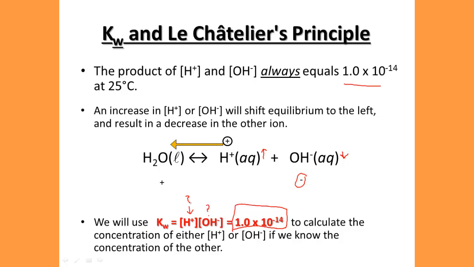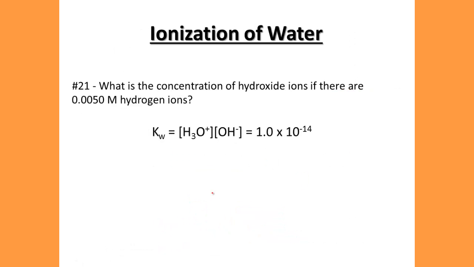Our first problem is, what is the hydroxide concentration if there is 0.005 molar hydrogen ions in concentration? Remember, hydrogen ions are the same thing as the hydronium ion. So we have our equation, H3O+ times OH- equals 1.0 times 10 to the negative 14th.